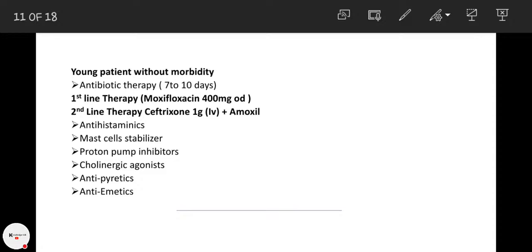The mast cell stabilizer given is montelukast. For proton pump inhibitors, we have omeprazole, pantoprazole, esomeprazole. And the short acting cholinergic agonists are used for the vasodilation if there is a problem in respiration. The most commonly used are salbutamol and terbutaline. These provide relief of the symptoms of pneumonia.